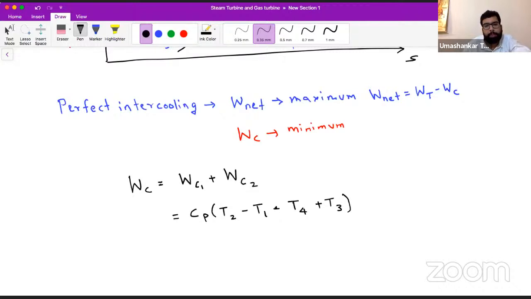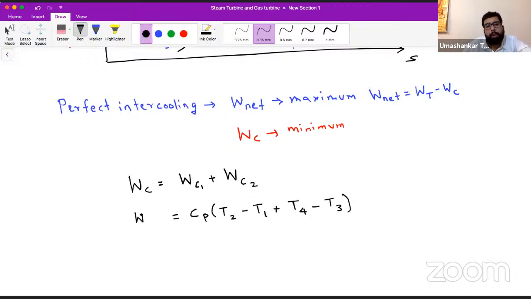This is plus, we are adding them. This is not subtraction. So this is minus, because we are adding WC1 plus WC2. So this is WC1, CP (T2 minus T1), and this is WC2, (T4 minus T3).